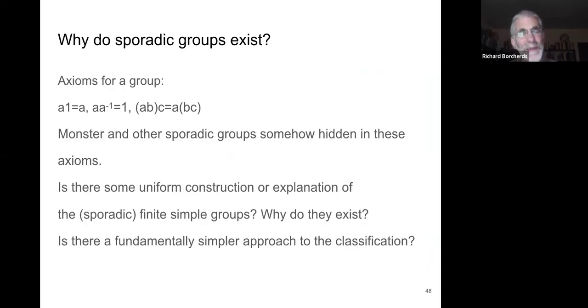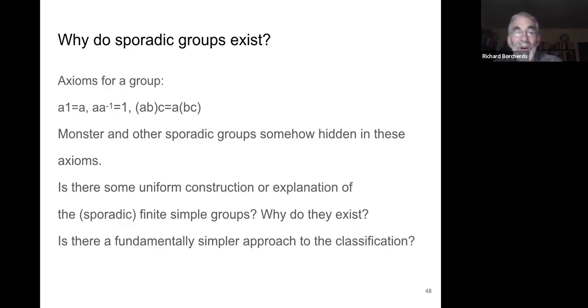The existence of sporadic groups is a real philosophical puzzle. If you look at the axioms for a group, they're one line long. I've written them down here. And they look really, really simple. They're simple and natural. And somehow, if you write down these three trivial axioms, the monster group, which is a mind-bogglingly complicated object, is somehow hiding in these trivial axioms, but it takes 10,000 pages to extract it from these axioms.